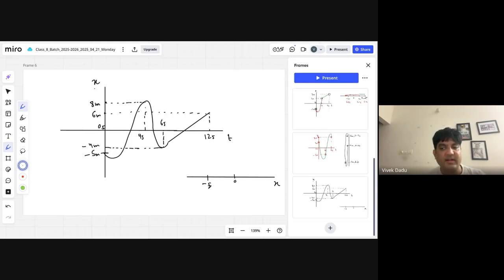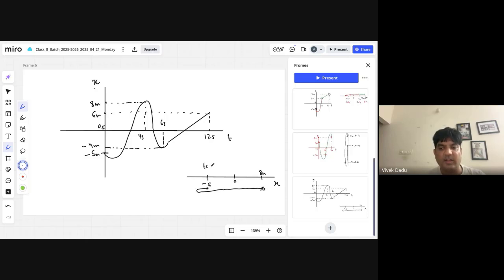Then it went back and came forward up to how much? 8 meters, right? Then it crossed the 8 meter a little bit, and then came back. But the dot is first time.